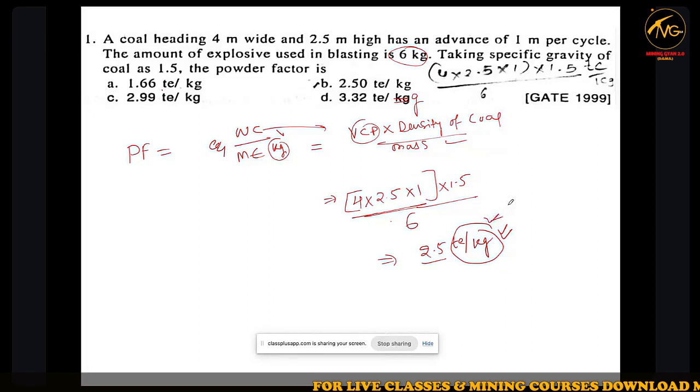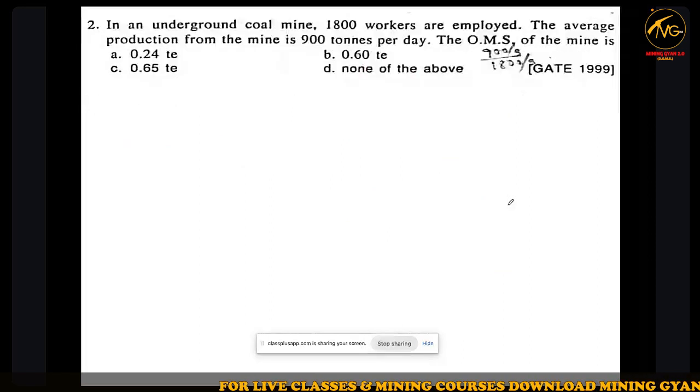Now come to second point. Solve and comment.